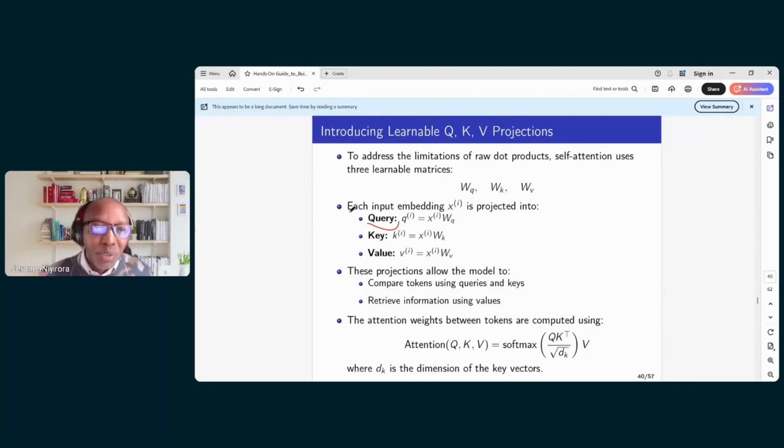You have something known as a query, and the WQ, again, would be like nodes in the network. You have something known as a key, which again is nothing more than nodes in a network, and the value. You multiply these together, and what you end up with is known as the attention. So you take your input, your query.